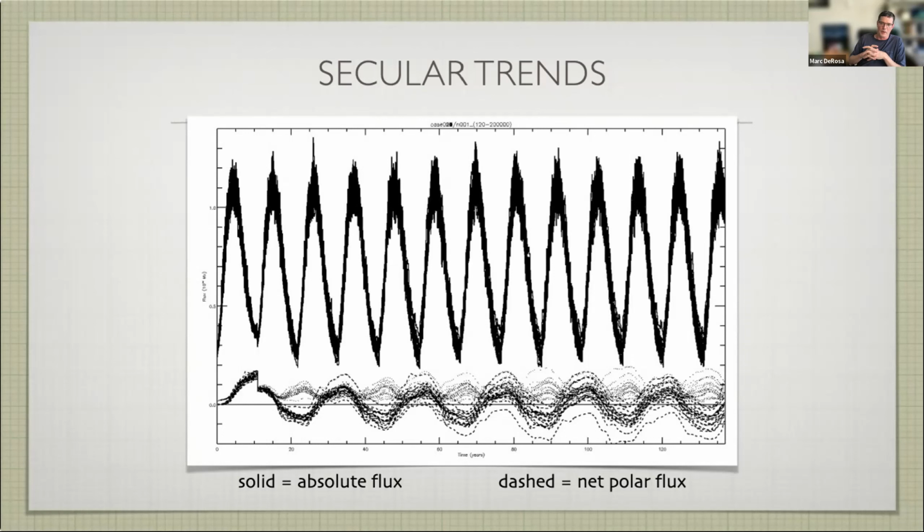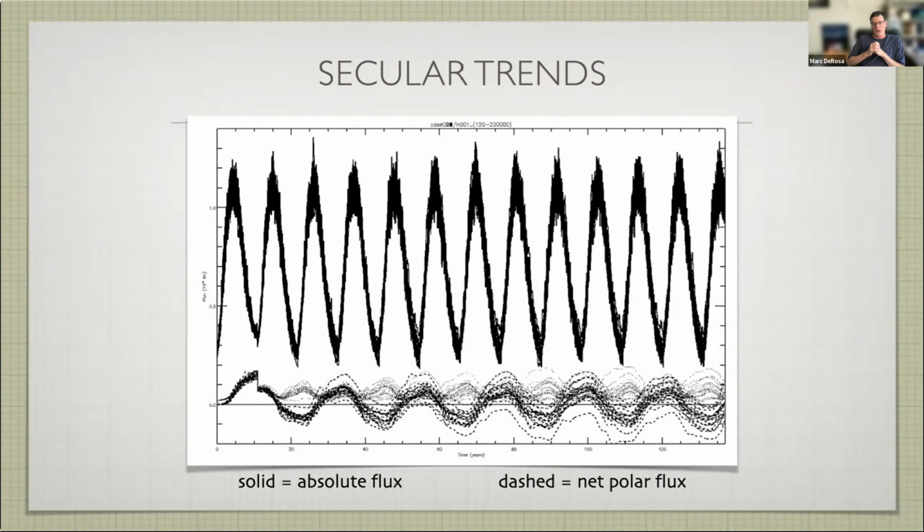We were talking earlier about correlations between cycle amplitude and tilt angles. Tilt angle in particular really does have a strong effect on the resulting polar fields. But so too do the meridional flows, and now we have about 2.5 cycles of helioseismic measurements of meridional flows, and we know that there's some variation in those.